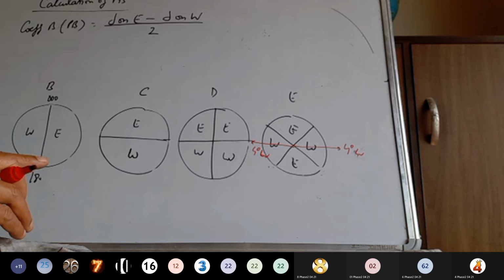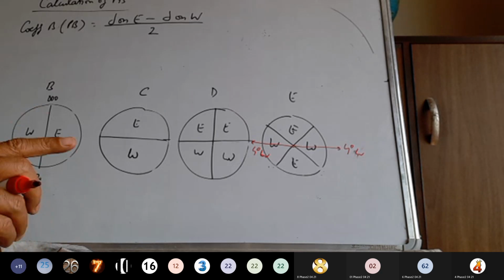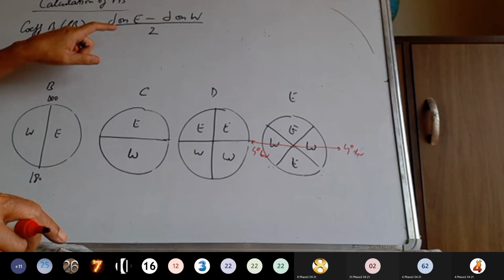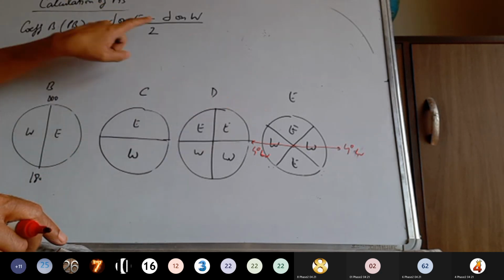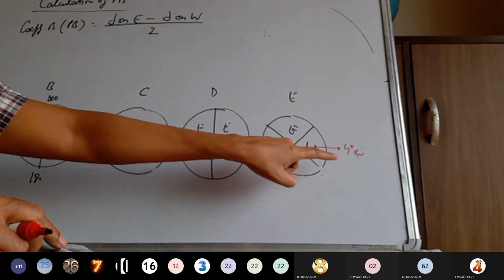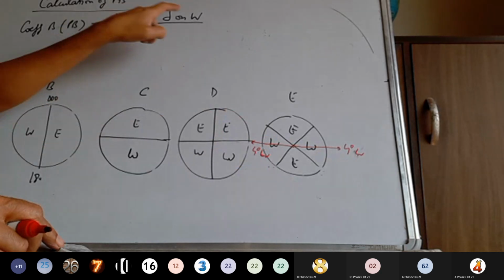So if the deviation on easterly heading is 4 degrees west, then the deviation on westerly heading will also be 4 degrees west. So 4 degrees west minus 4 degrees west will become 0, because in between you are having a negative sign.